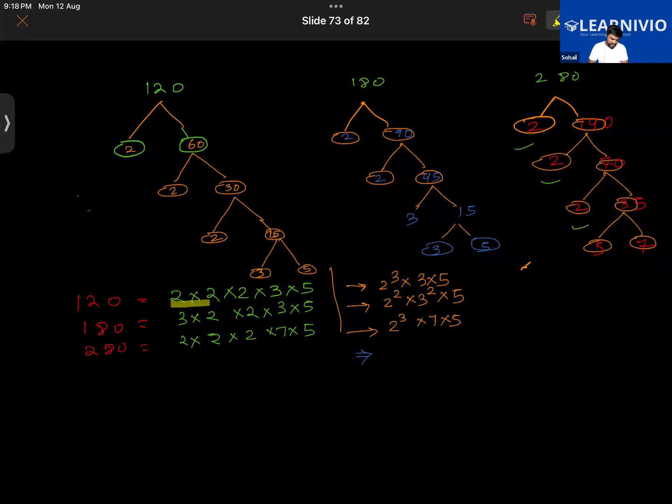Here the 2 is multiplied 3 times, here only 2 times, and here also only 2 times. So you take that 2 which is multiplied the maximum number of times. So while calculating the LCM, you are going to take 2 cube. Understood? And for 3, which 3 will you take, this 3 square or this 3?